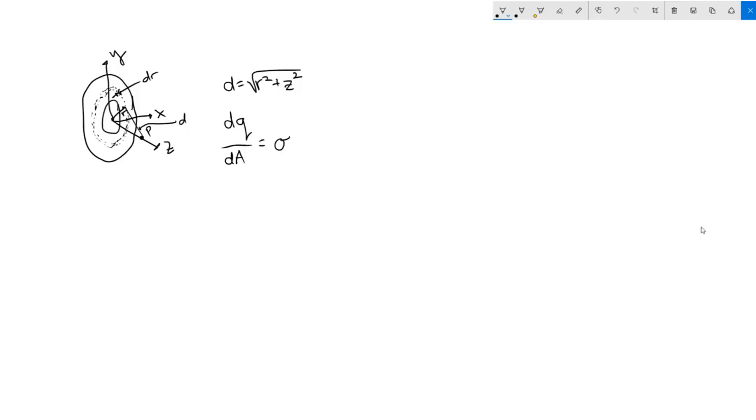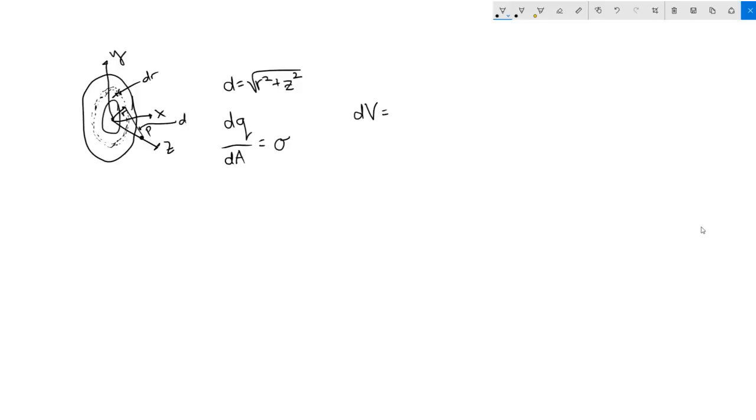Okay, and so eventually, because this whole element is equidistant to that point, the voltage at that point, due to the contribution of each piece, well, I guess you can kind of do it like this.